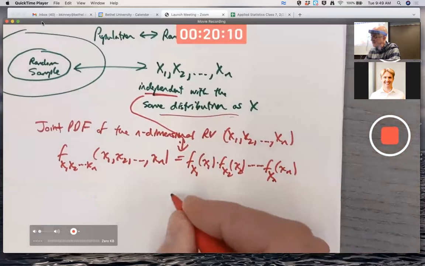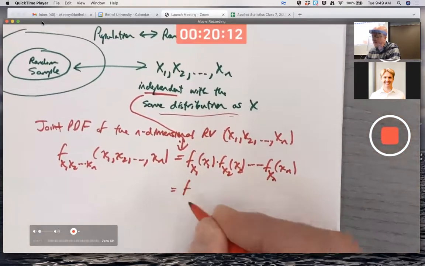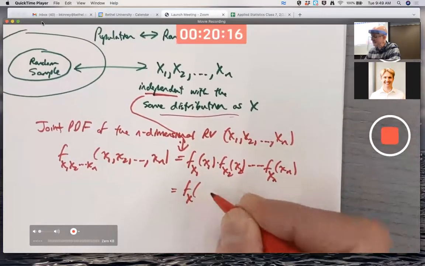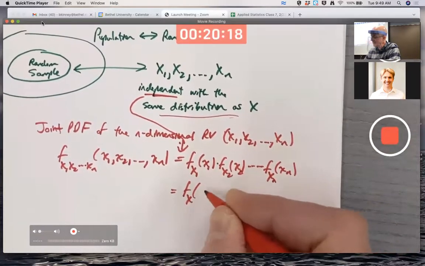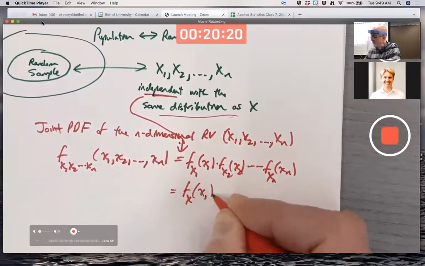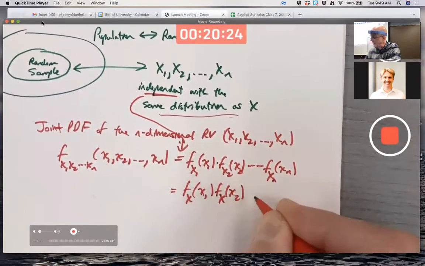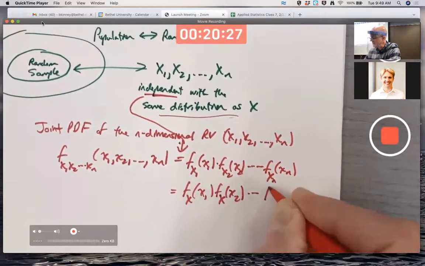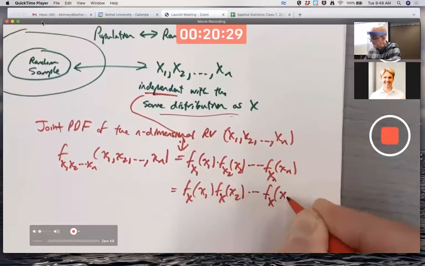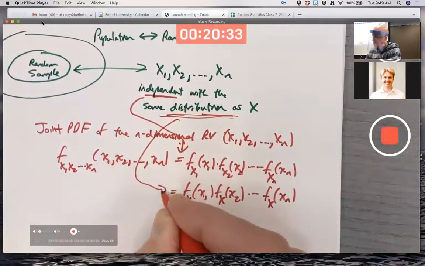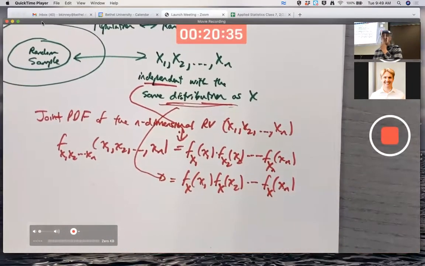So effectively, these are all f sub x's, though I am plugging different variables into them. So I can't write f sub x to the nth power. So the same distribution as X means that that equation is true. So it's an assumption we're making in the theory.